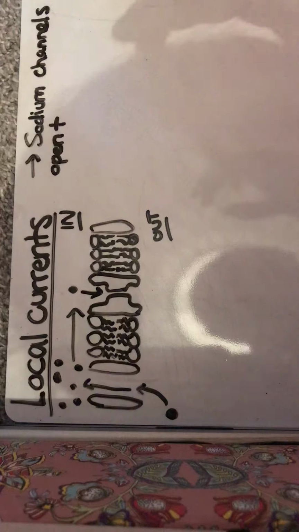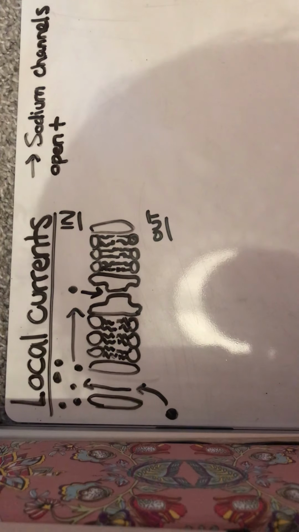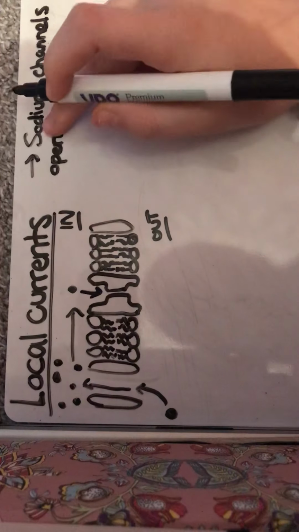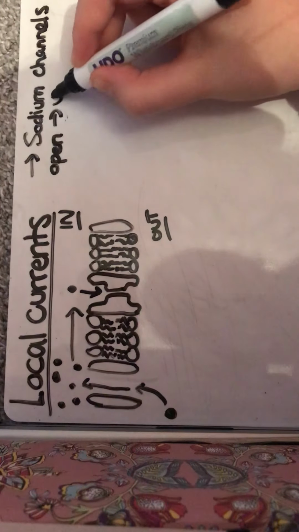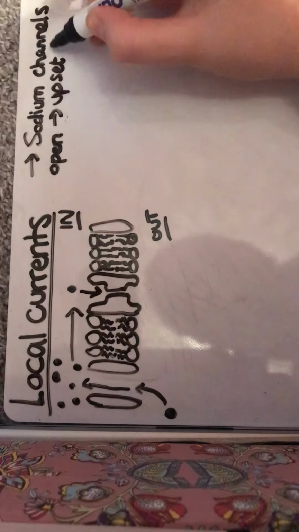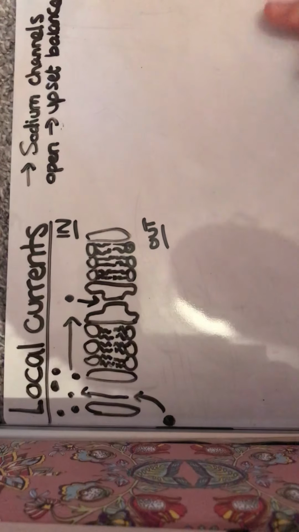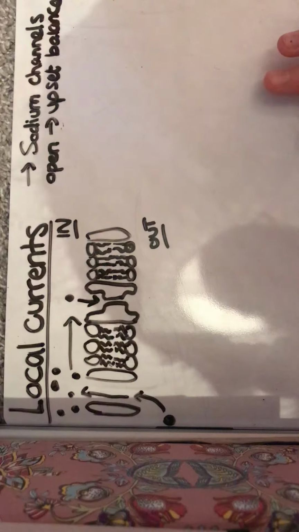And if you've got a higher concentration of sodium at one point of the neuron, it's going to upset the balance of sodium and potassium ions set up by the action potential.